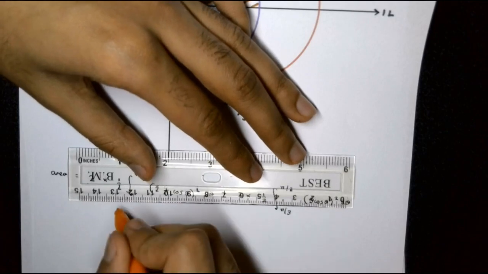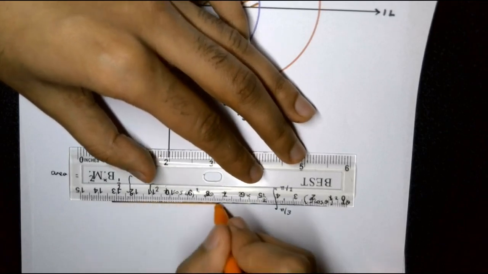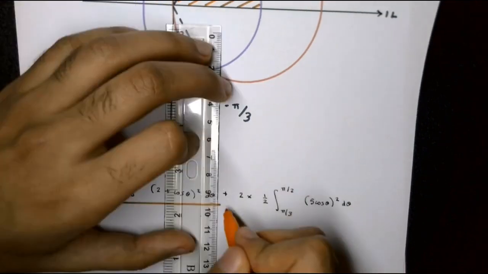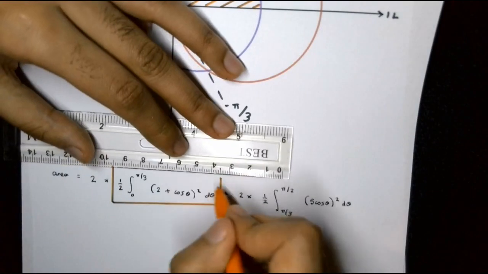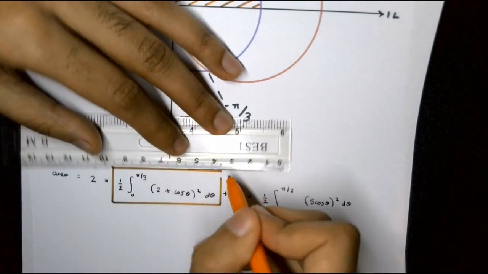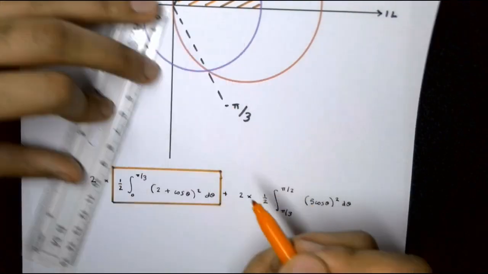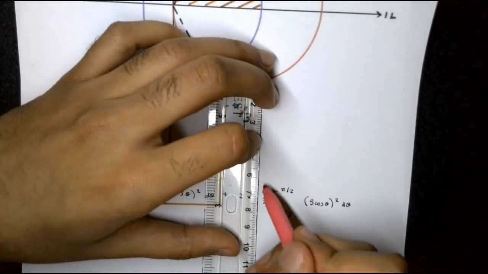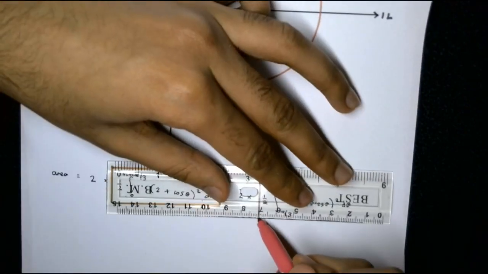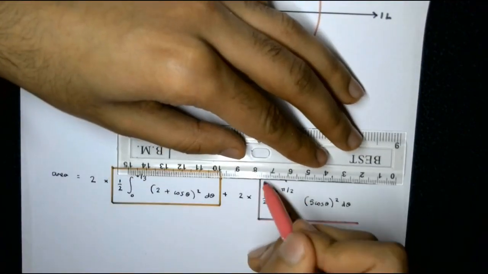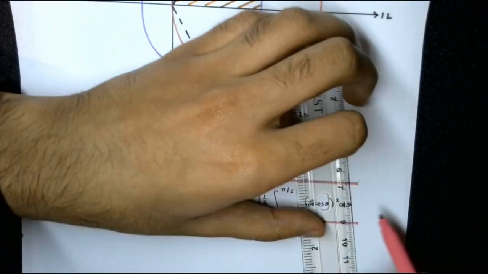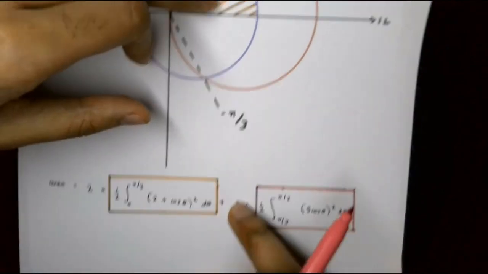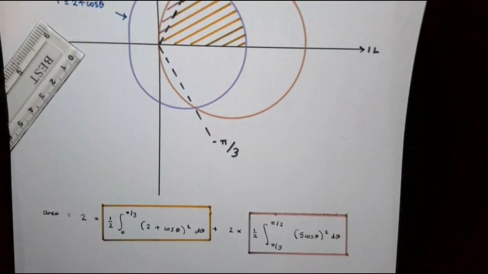We've got this bit over here, which is the bit in orange. So let's just show that. So this over here is what we have in orange, and then what we have in pink is this bit over here. So the reason we multiply by 2 here and here is because the bit on the top is the same as the bit on the bottom.